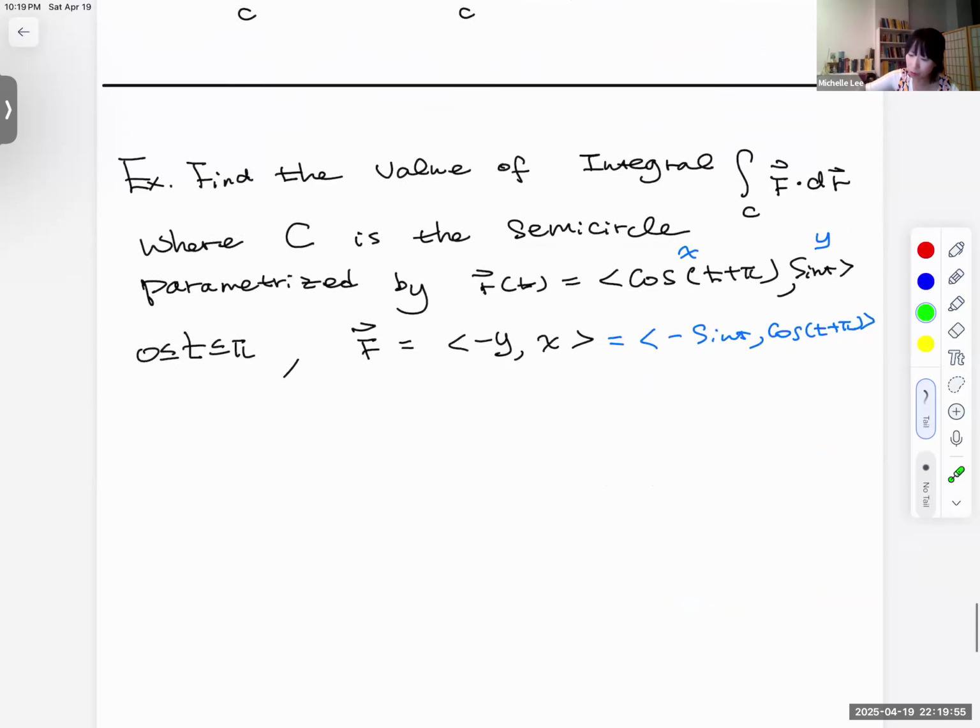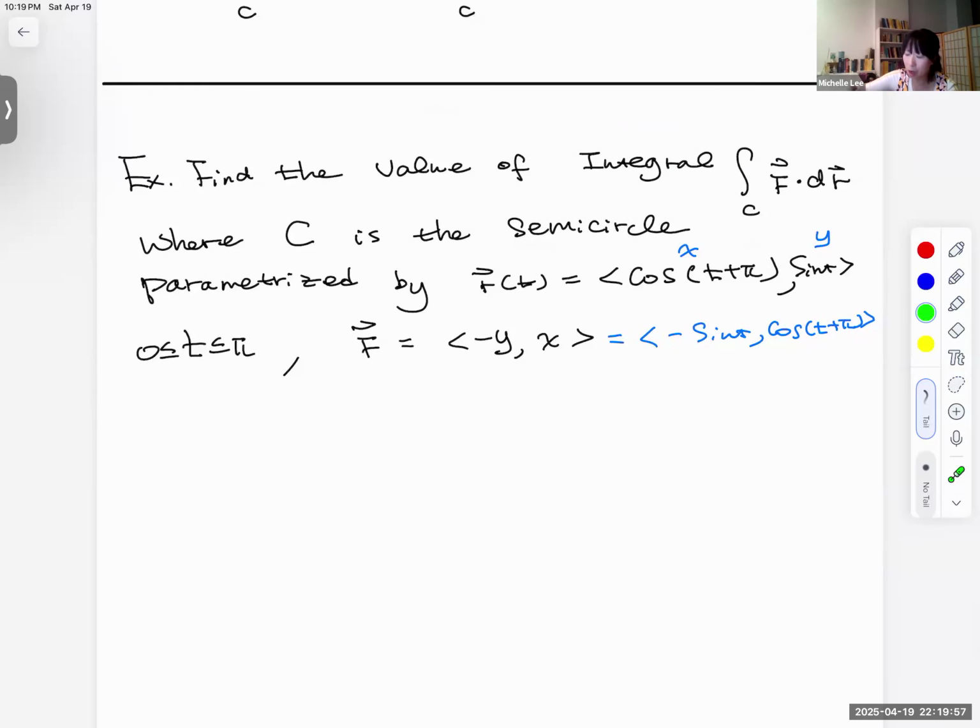Okay, so let's do this one. It's very similar to the previous example, but we have cosine t plus pi, and then the same vector field. This means the negative y, negative sine t, and x equal to cosine t plus pi, right? So let's do this.